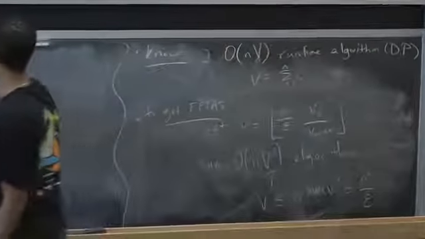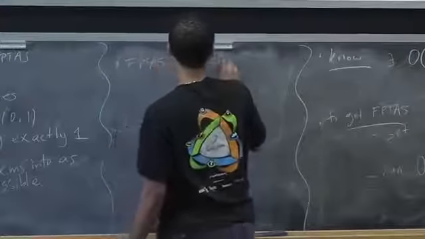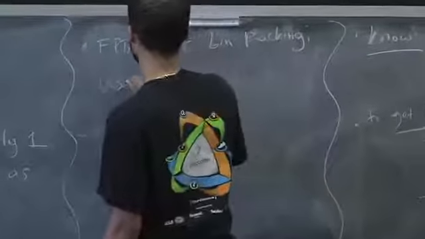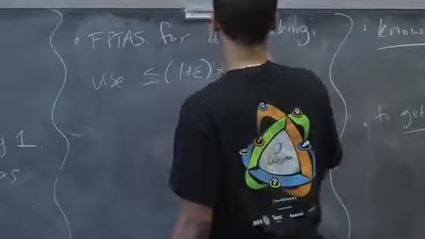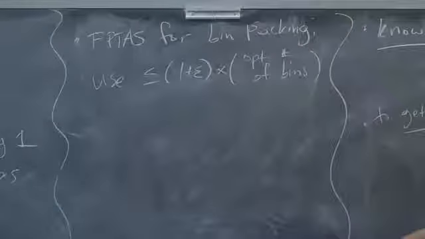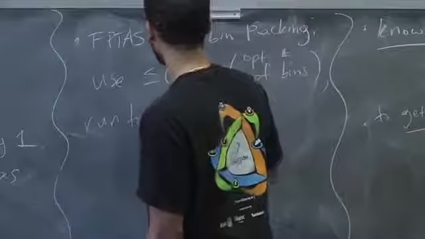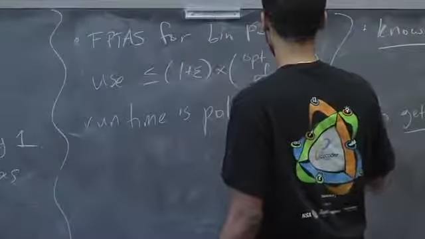So, what would an FPTAS for bin packing mean? Okay. So an FPTAS has a runtime to find this packing that is polynomial in n as well as 1 over epsilon.